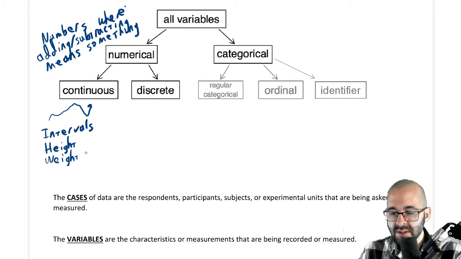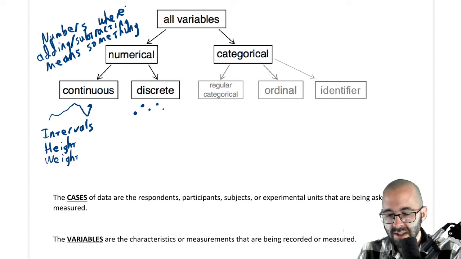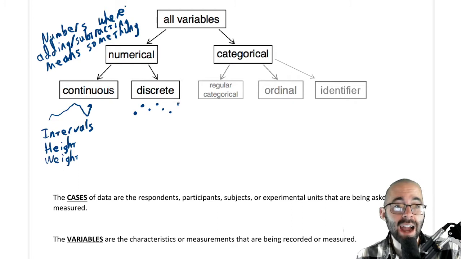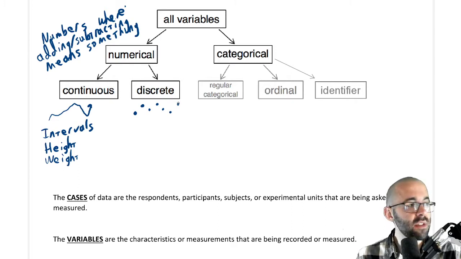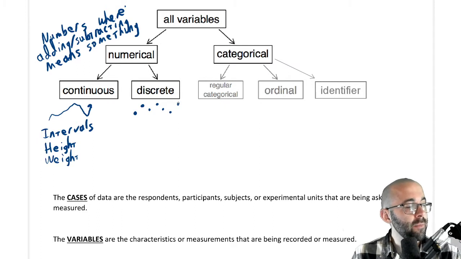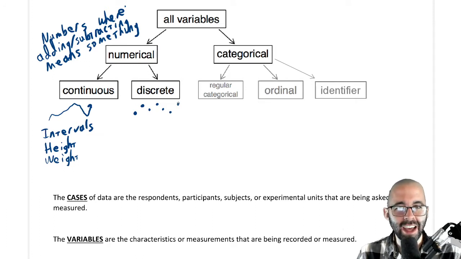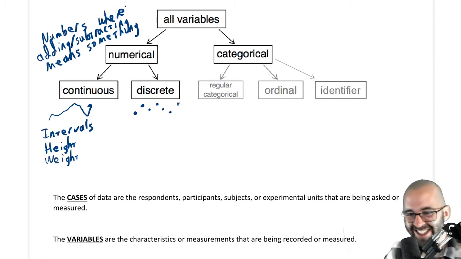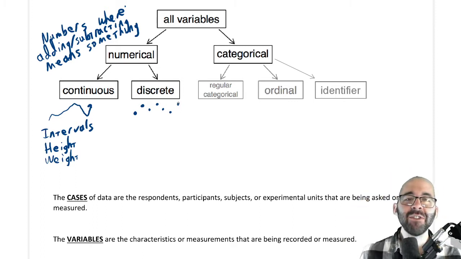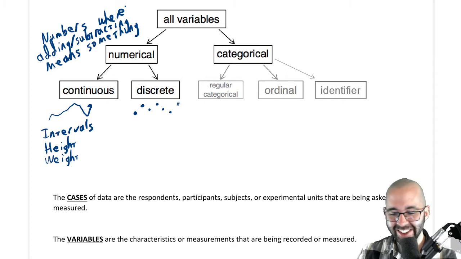And then discrete is different because discrete is just a select few points. This is an example of a discrete graph. It only has points, but there are gaps in the middle. An example of discrete would be how many eyes you have. You're not going to have probably half an eye. That's a really weird example, but that's the one that came into my head. How many televisions you own, right?